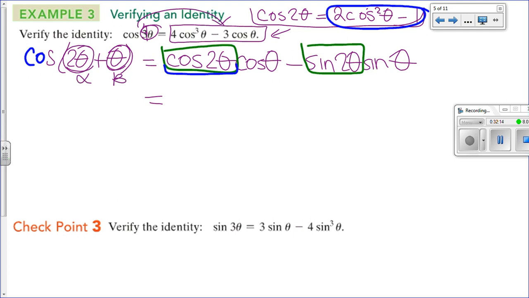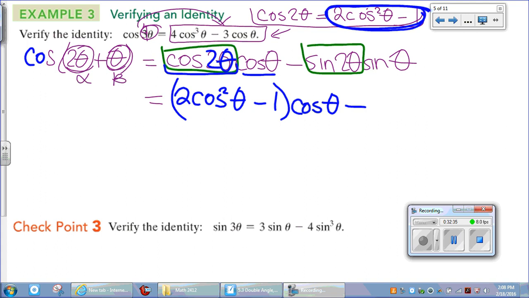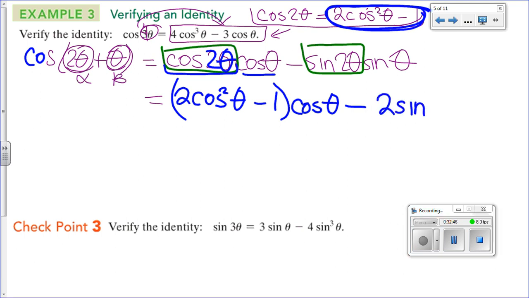So the cosine of 2 theta right here, I'm going to use this formula. So that will be 2 times cosine squared theta minus 1, times cosine theta, minus, and let's use the sine of 2 theta, which you have on the dry erase board over there. So that will be 2 sine theta cosine theta, and let's not forget we still have sine theta here.